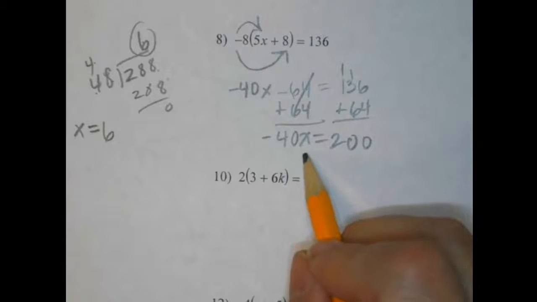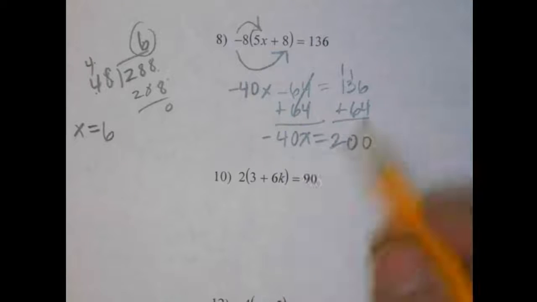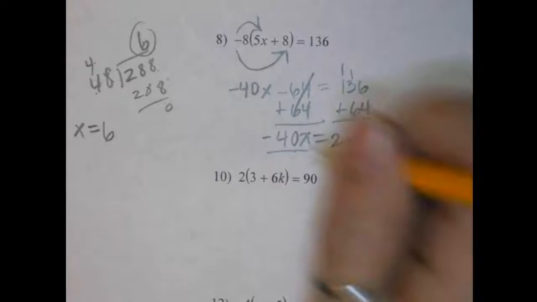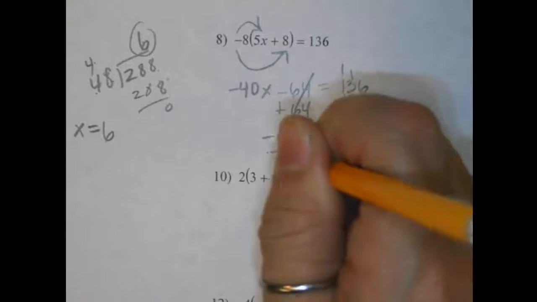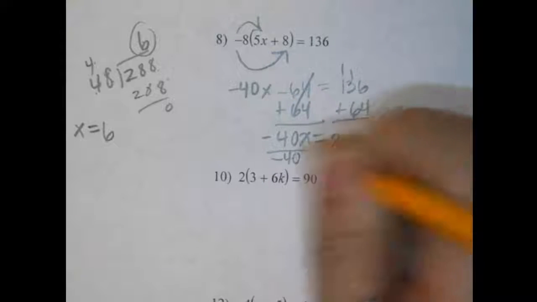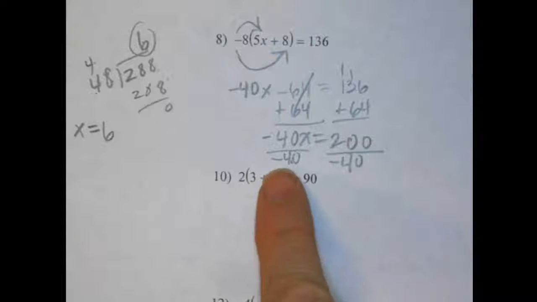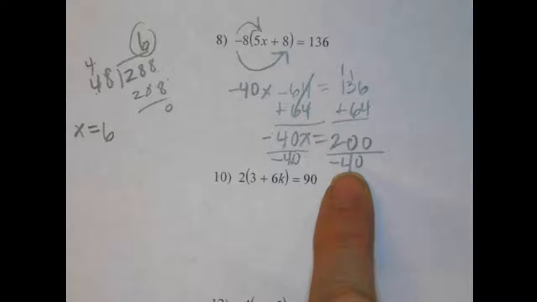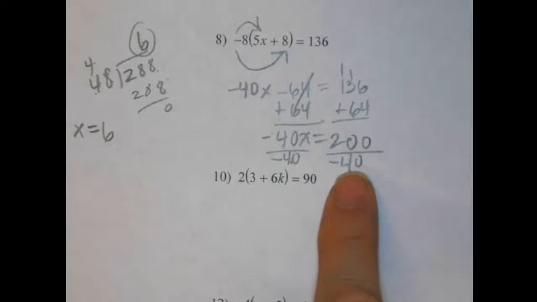Now what do I do? How do I undo this multiplication? Divide both sides by what number? Negative 40. Make sure you're telling me that negative, because a lot of times you guys would just divide by a 40 and you won't put the negative down, and then you do the same thing over here and it changes the value of your number on this side.